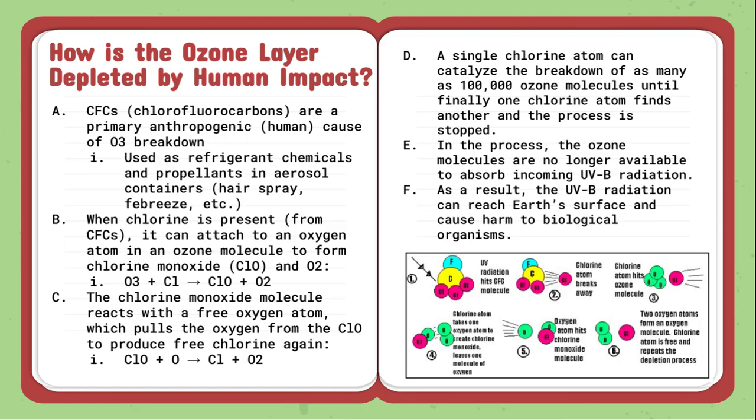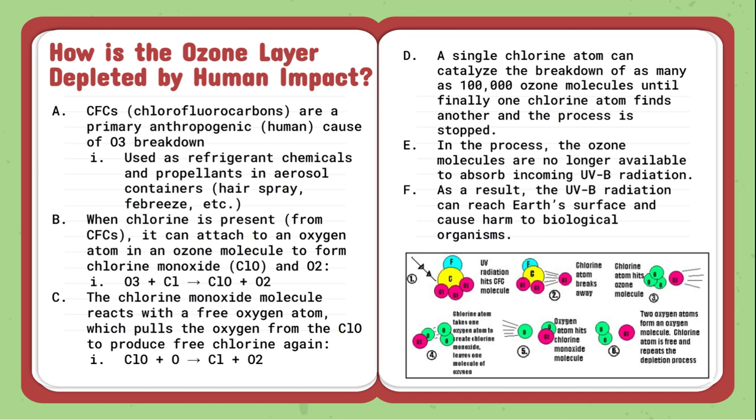So CFCs, chlorofluorocarbons, are primarily an anthropogenic substance that causes the breakdown of O3, right? Remember, anthropogenic means human driven. It was once used as refrigerant chemicals and propellants in aerosol containers like hairspray, Febreze.